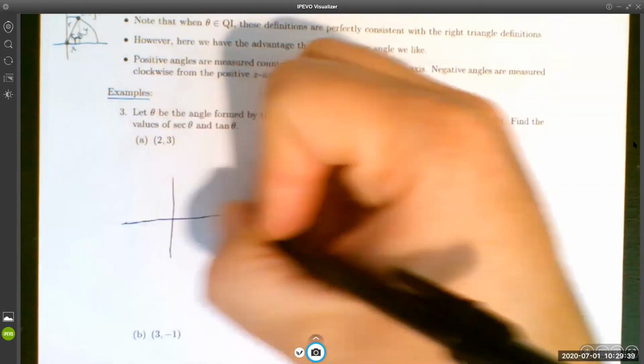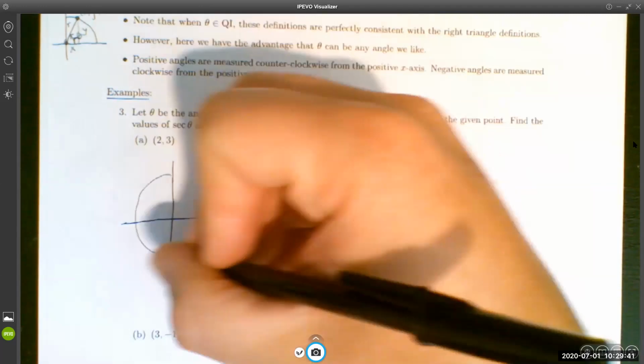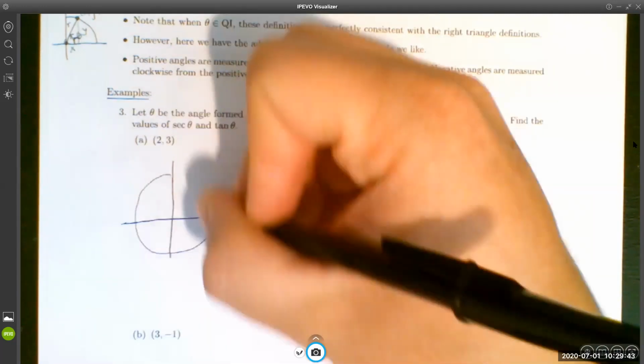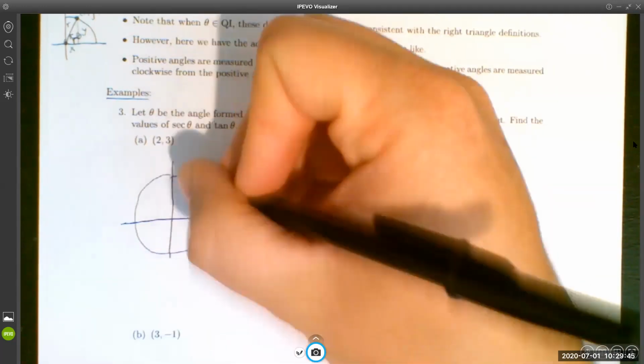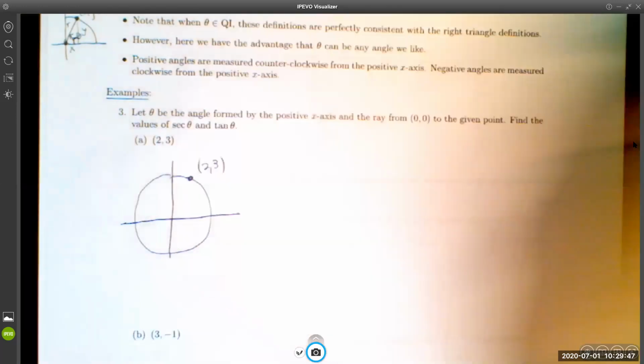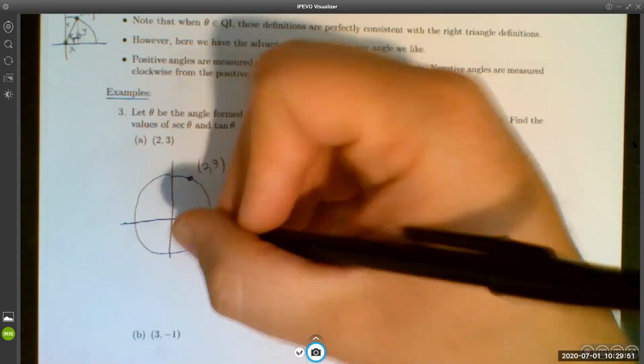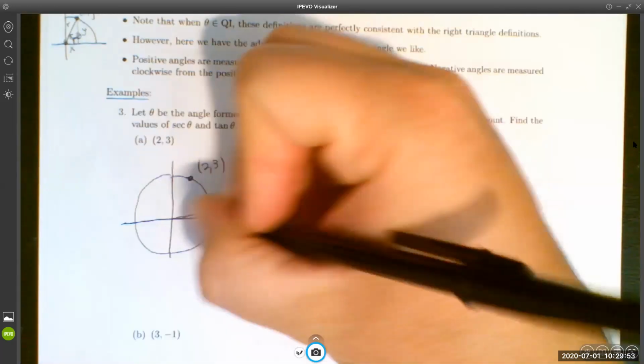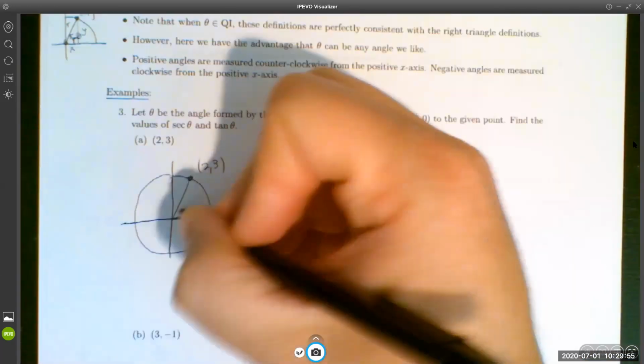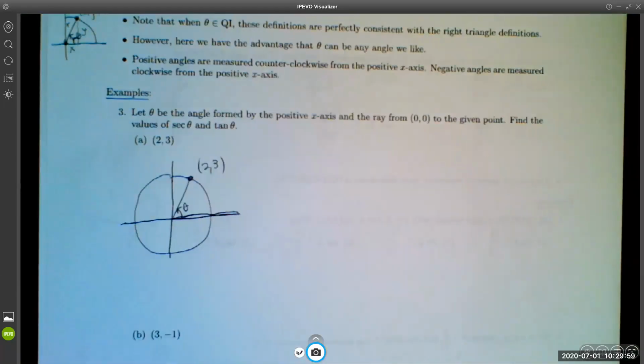So we've got some circle, and we've got the point (2, 3), so it's maybe right there. And theta is the angle formed by the positive x-axis and the ray from (0, 0) to this point. So there's theta. We want to find the values of secant theta and tangent theta.